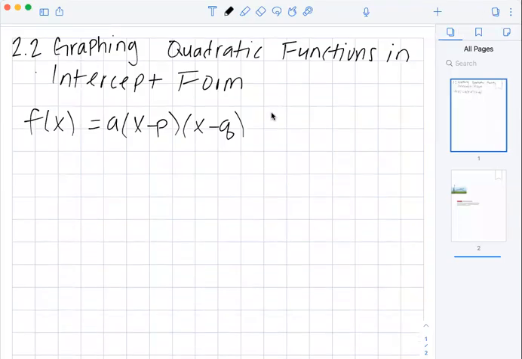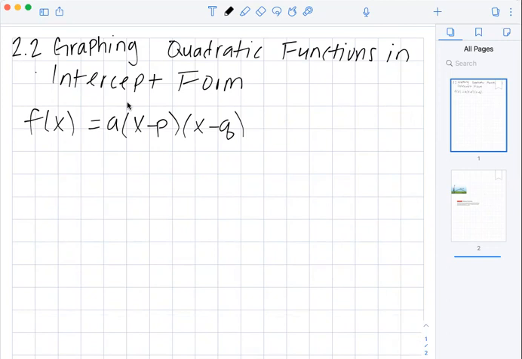So we're continuing section 2.2, and so far we've graphed in vertex form, we've graphed in standard form, and there's one last form, which is called intercept form, where A actually is the same A that we see in standard form and in vertex form.